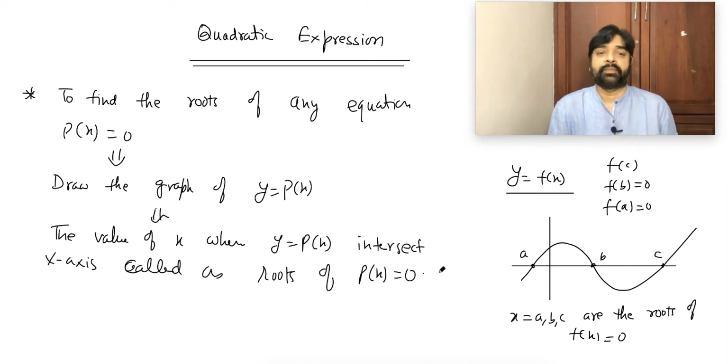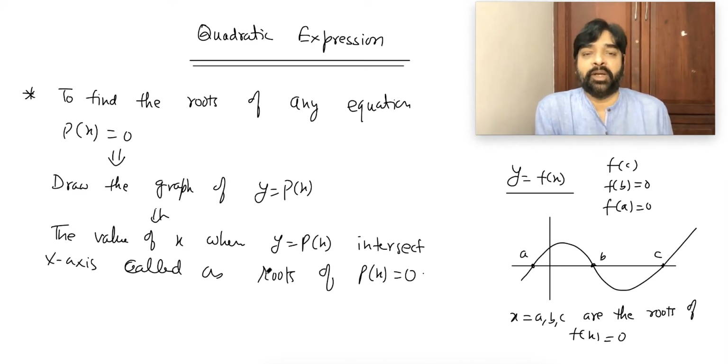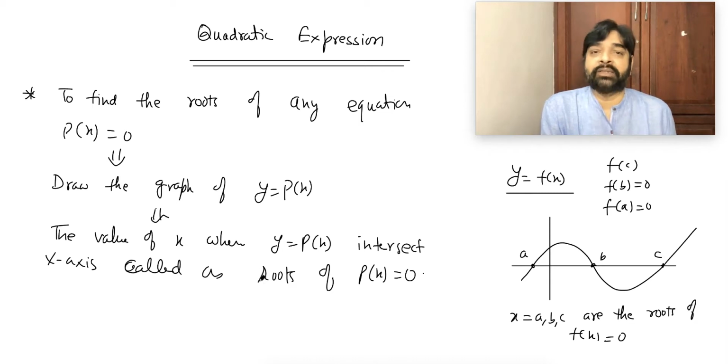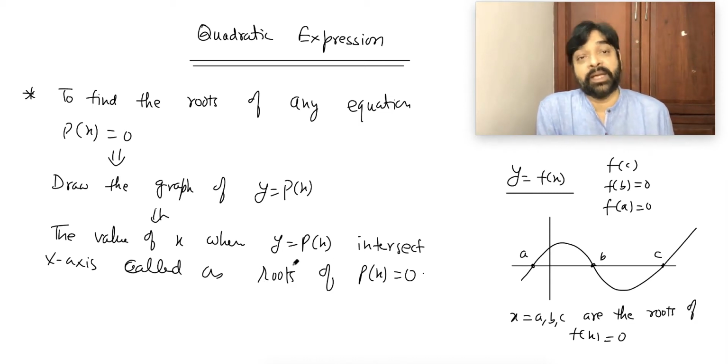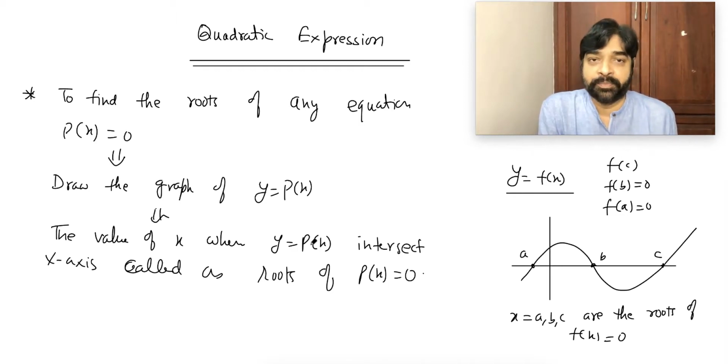Straightforward. So we take the help of y equal to p(x) to get the roots of p(x) equal to 0, because never say that y equal to p(x) has roots. Any expression cannot have roots, only an equation can have roots. That's what we used to talk about. I hope it's clear to all of you.